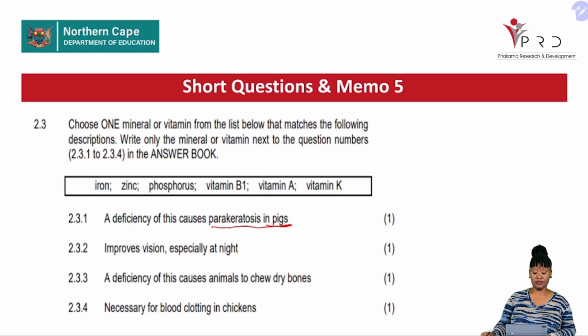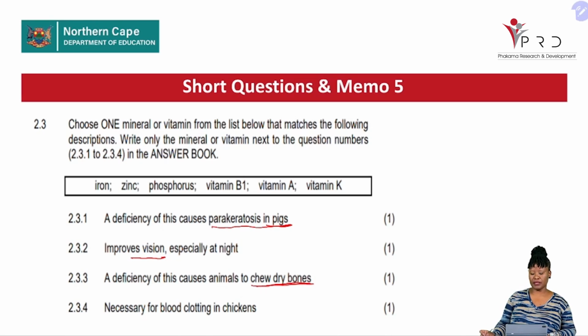Improves vision, especially at night. Which mineral or which vitamin? It talks about vision. A deficiency of this causes animals to chew dry bones.